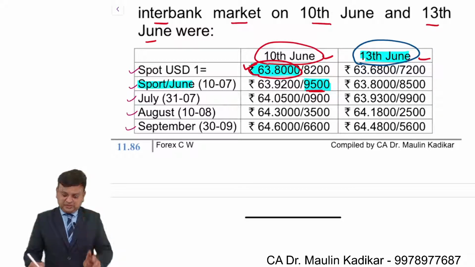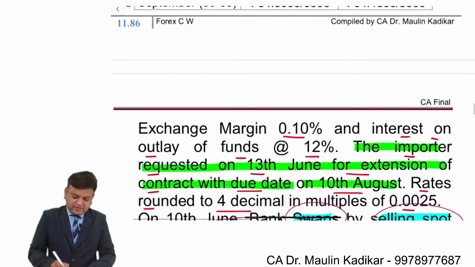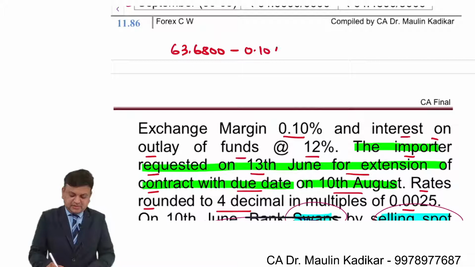Sell of dollar, purchase of rupees, so 63.68. So for $1 we will give you 63.68. From that, the margin of 0.10% will be deducted. Why?